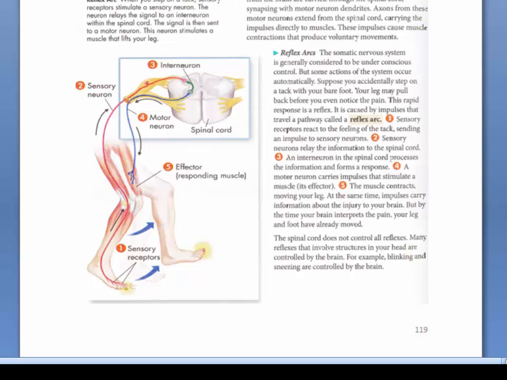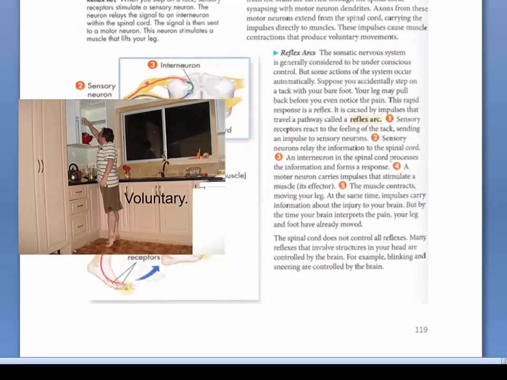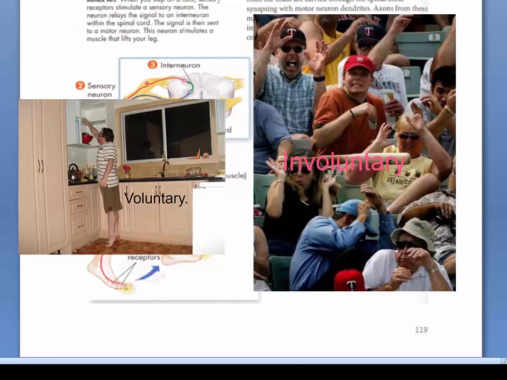Voluntary actions are things that you control. You will them to happen. So when you raise your arm, that's a voluntary action. When you raise your arm to reach for something high, that's a voluntary action. A reflex action is something that you don't consciously control. It's involuntary, meaning not voluntary.